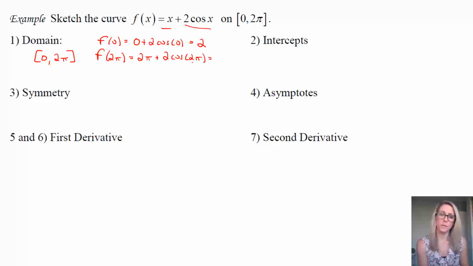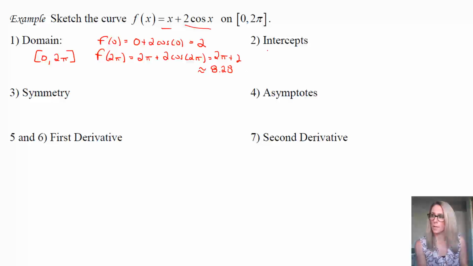And cosine 2 pi, as you probably know, is back to 1. So we get 2 pi plus 2. It's not a bad idea to see what that is, and that's about 8.28. So we're going to start at (0, 2), and we're going to go to 2 pi. 8.28 is going to be our endpoint.